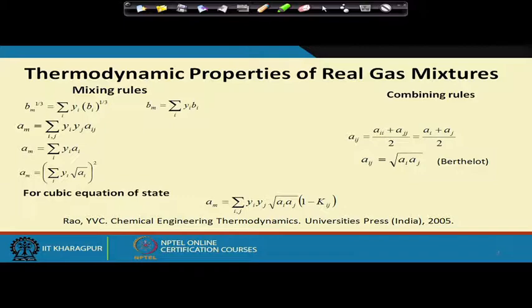The exact equations are going to come from molecular considerations, but unfortunately at the present moment we do not have that much idea about the behavior at the molecular level, the interactions of the different components at the molecular level. So, therefore, most of the cases the rules which we suggest for finding out the mixture constants in terms of the individual property constants, they are empirical in nature. Since they have been found to work well for a large number of conditions, we just adopt them.